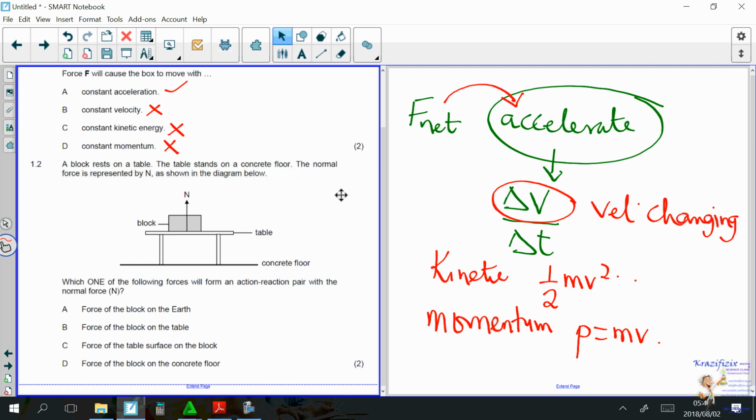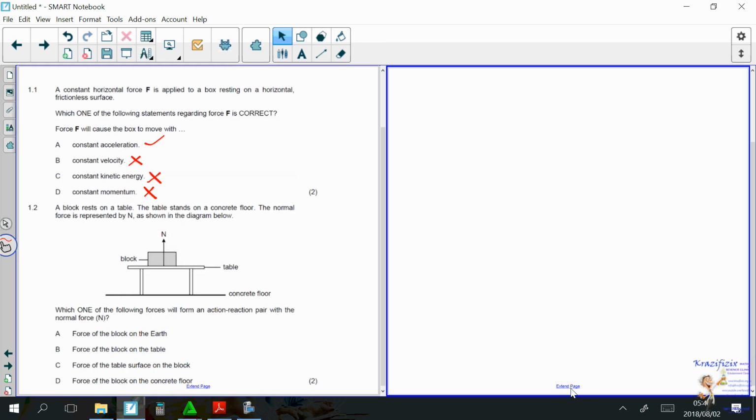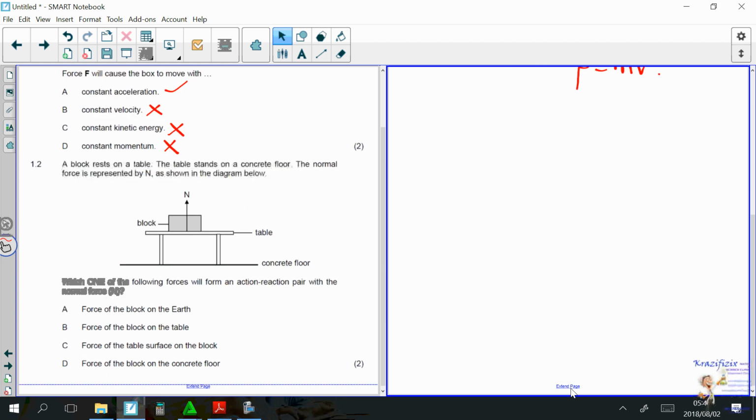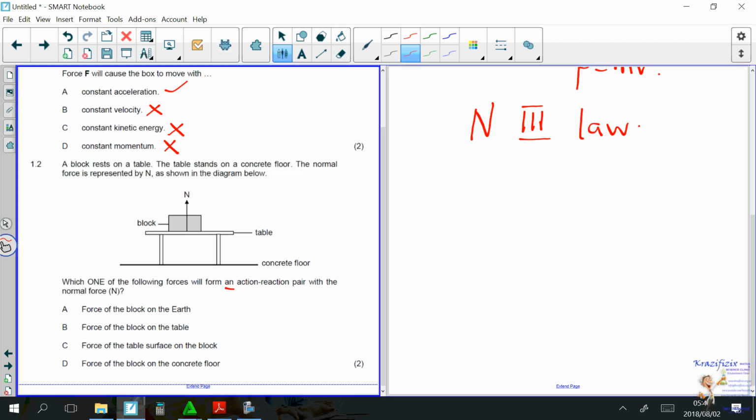That's your Newton's third law, that if object A exerts a force on object B, it will simultaneously exert a force on object A, which is equal in magnitude and opposite in direction. So we're using Newton's what? Third law. Okay. Now, which one of the following will form an action-reaction pair with the normal force?